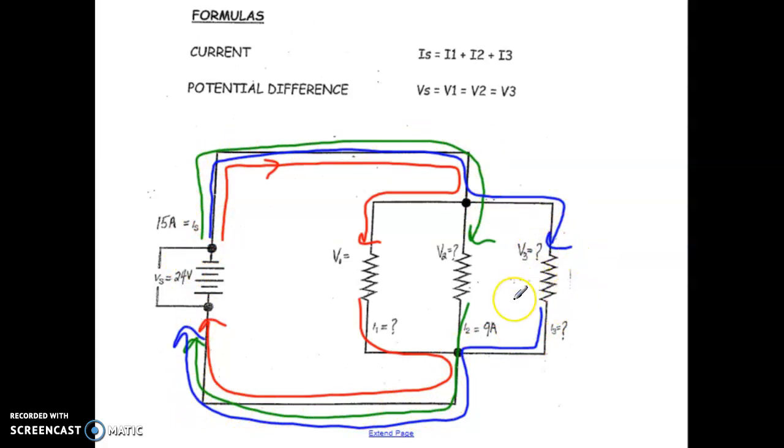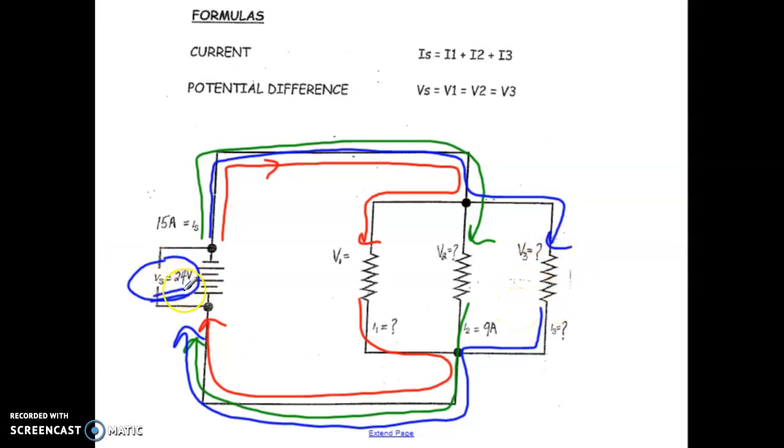Only one load. So if you remember what voltage represents, the voltage at the battery in this case is 24 volts. That means that the electrons are spending 24 volts' worth of energy as they travel through the circuit. But if you look at the specific electrons, each of them is only going through one load. So that means that all 24 volts are being spent at that one load.